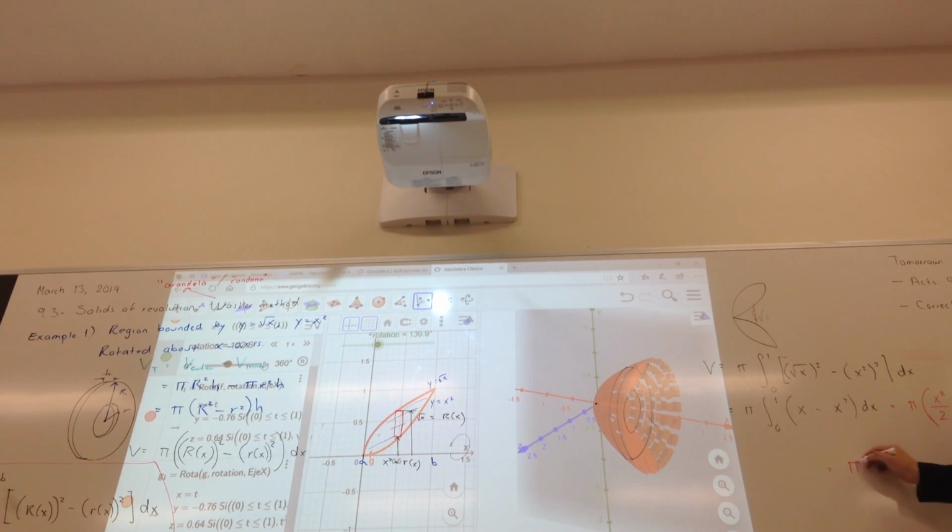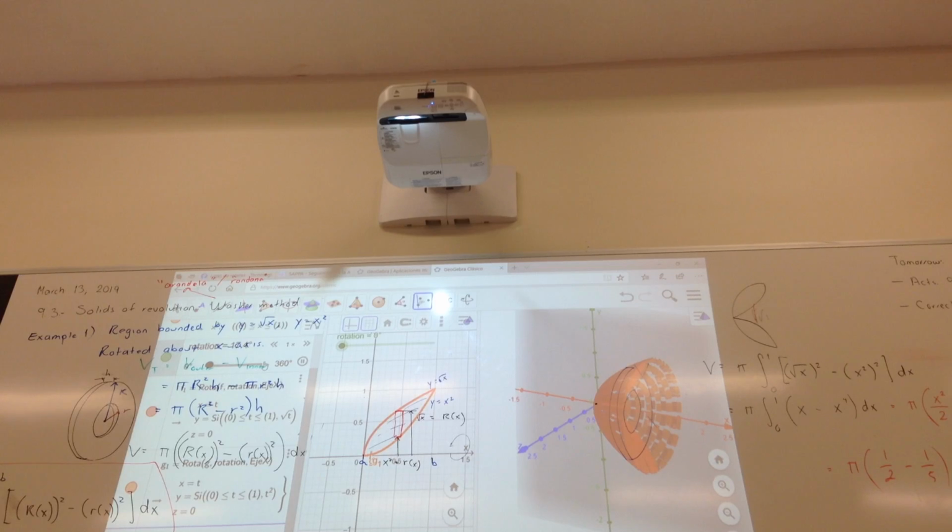So it's going to be pi times 1/2 minus 1/5, which equals 3/10 units. And that's it.